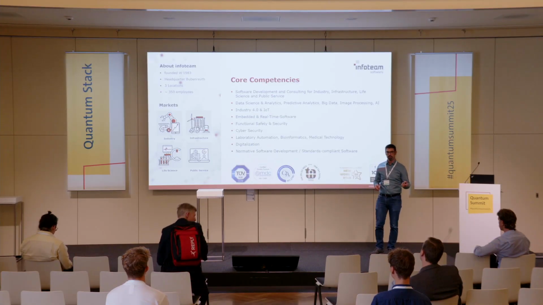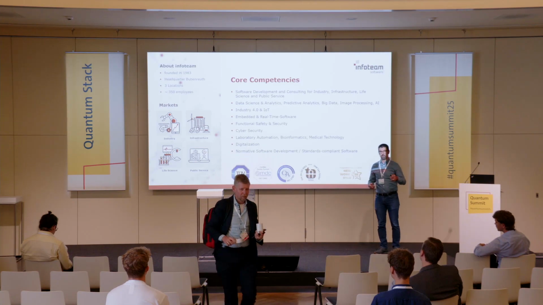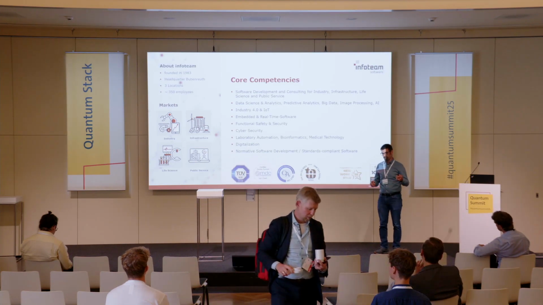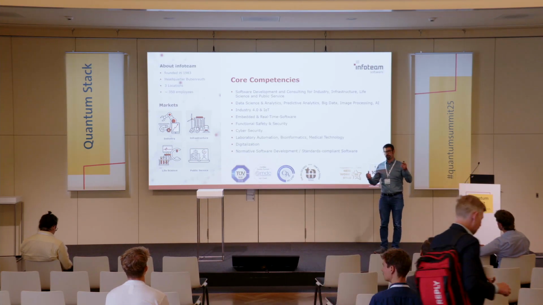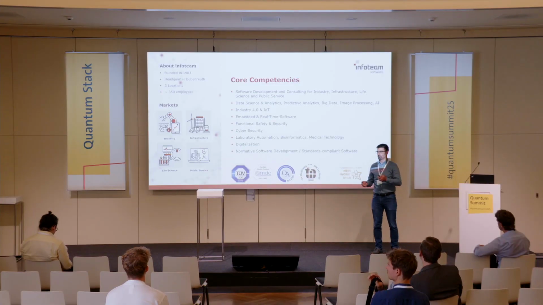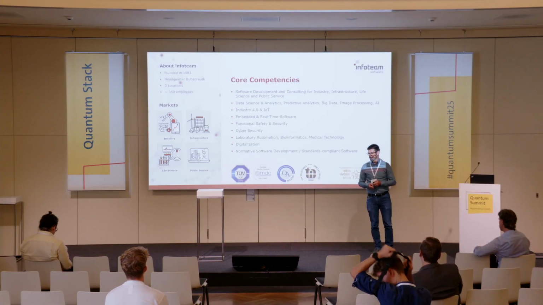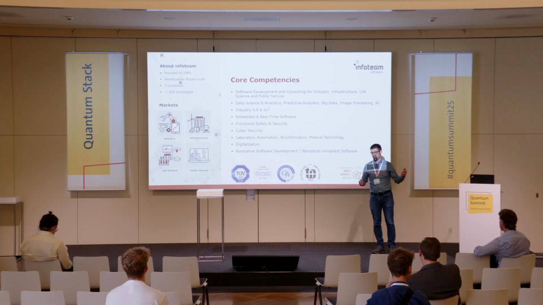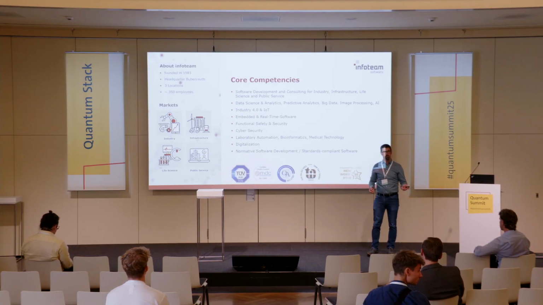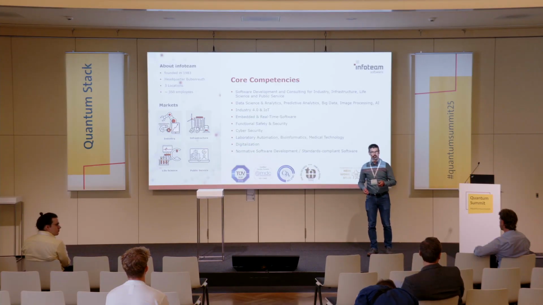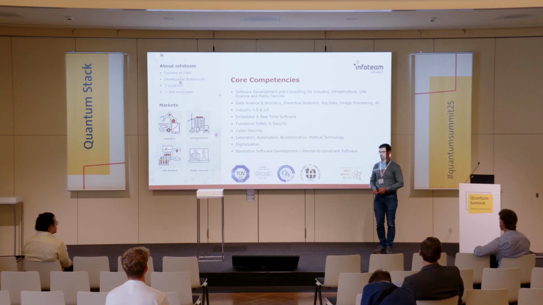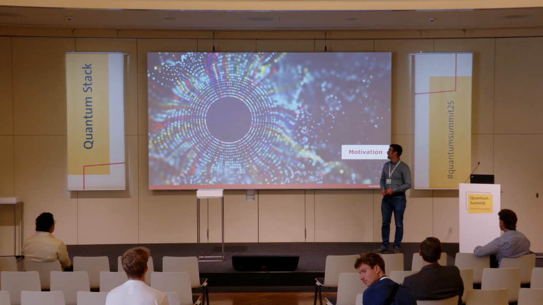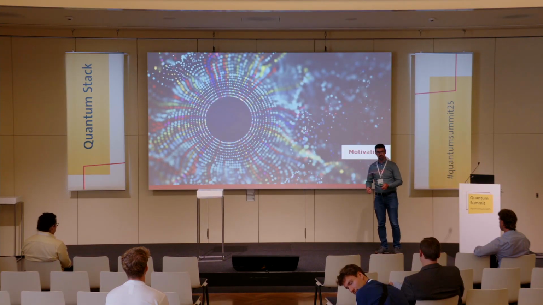We are a software distributor, so we are bringing together several technologies to have our customer projects succeed. We are in several markets like industry, transportation, railway, public service, infrastructure, and nowadays starting to dig into quantum computing as well. So this was the advertisement.